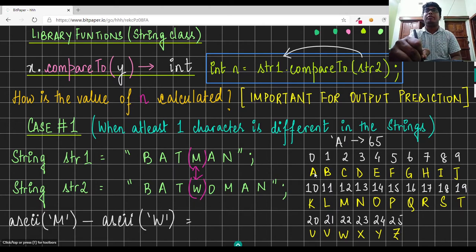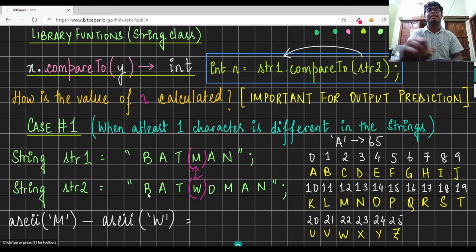Now, let's say I want to find out the ASCII of a character. What I would do is add this number to 65 to get back the ASCII of any character. For example, let's say I want to get back the ASCII of D. How would I do that? I would add 65 to 3 and I would get back 68, which is the ASCII of D.